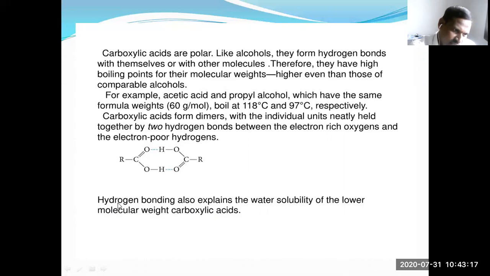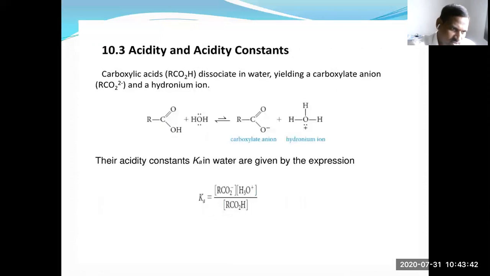So hydrogen bonding also explains the water solubility of the lower molecular weight carboxylic acids. What is the reason? The reason is the hydrogen bonds between the carboxylic acids.